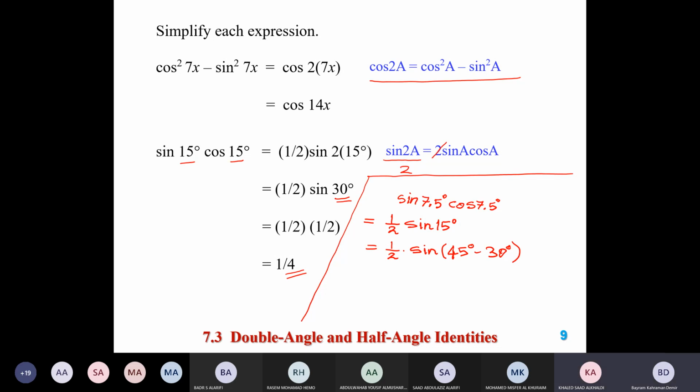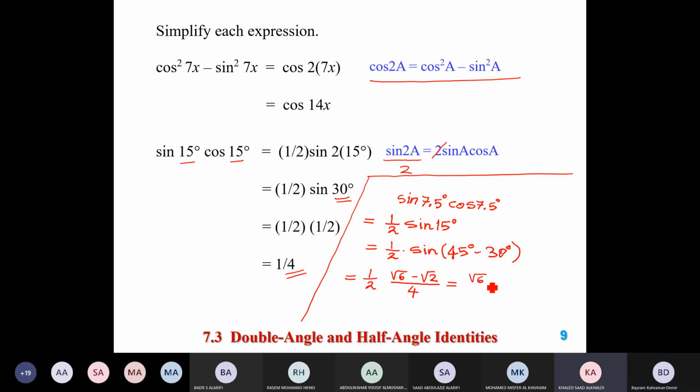So since we know how to calculate sine of 45 minus 30, I guess I can kind of remember: sine 45 cosine 30, yani root 6 minus root 2 over 4, I guess, if I am not wrong. Please check with your section 7.2, Shabab.